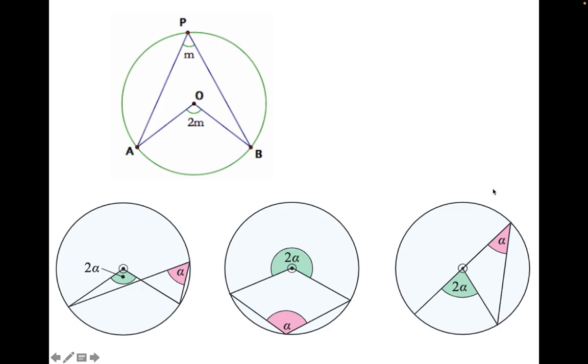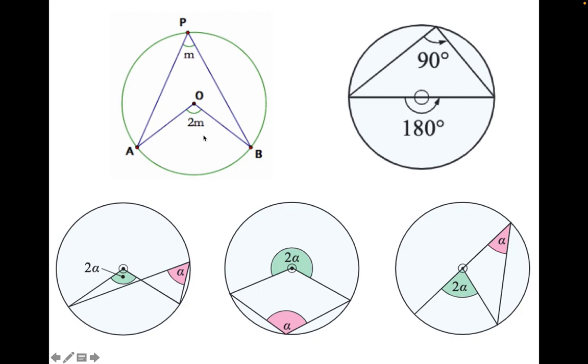Now, something you may have noticed is that this theorem is basically a theorem we've seen before, this one here. This is Thales' theorem, the one where an angle opens to the diameter, or an angle is inscribed within a semicircle. That angle we knew was 90.